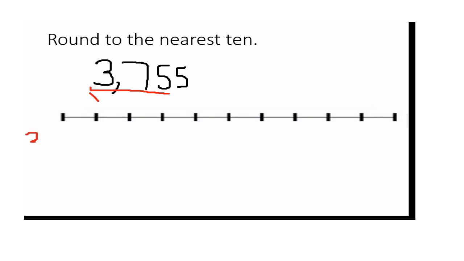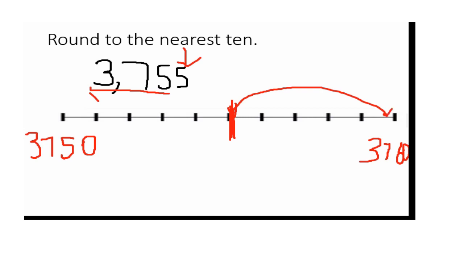Translate 375 tens: it's 375 with a 0. 10 more is 3,760. Now looking at the ones place, which is 5, that should be right here, and we say anything 5 or more, we are going to round up.